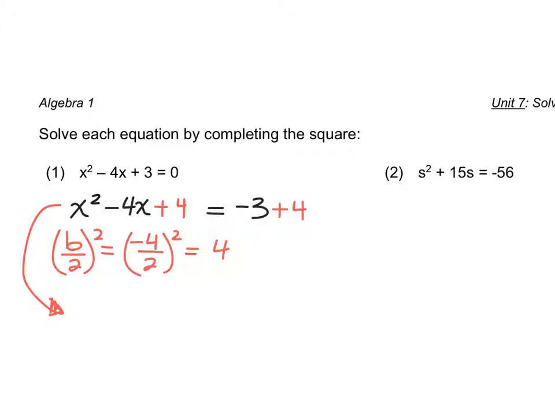Factors to the left-hand side. X, not plus 2. That's why I haven't written it down. Minus 2. All right, the middle sign.